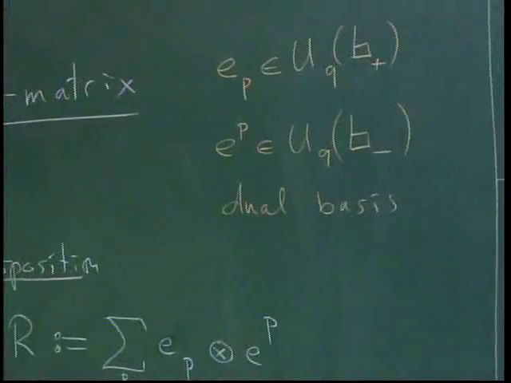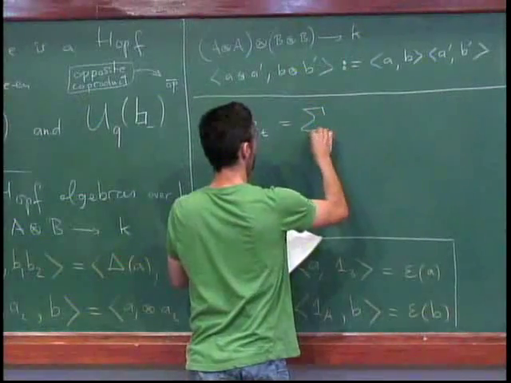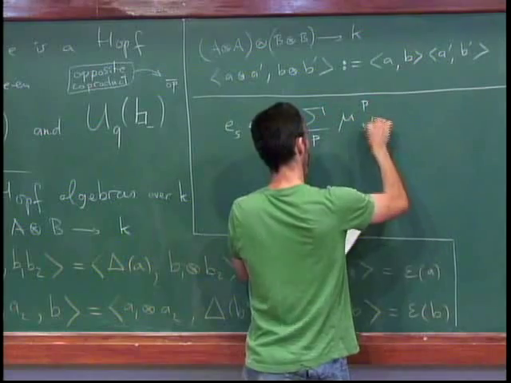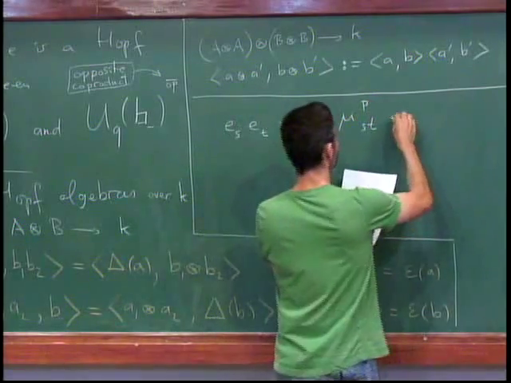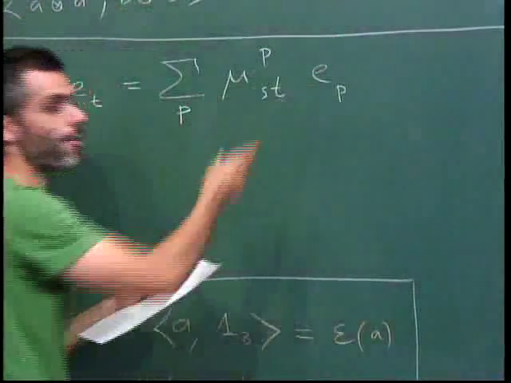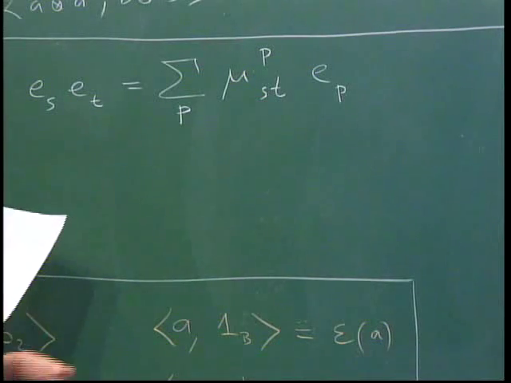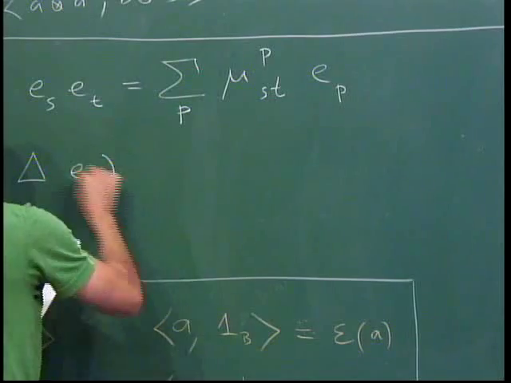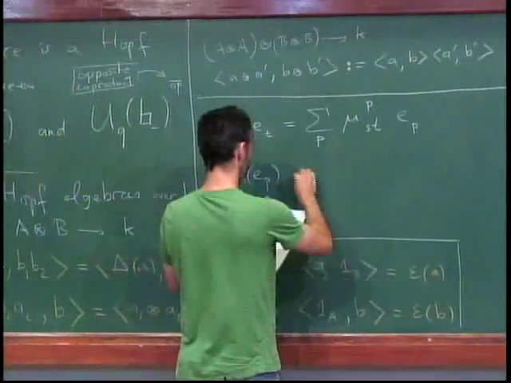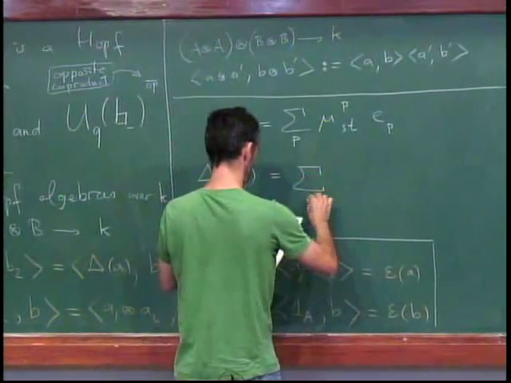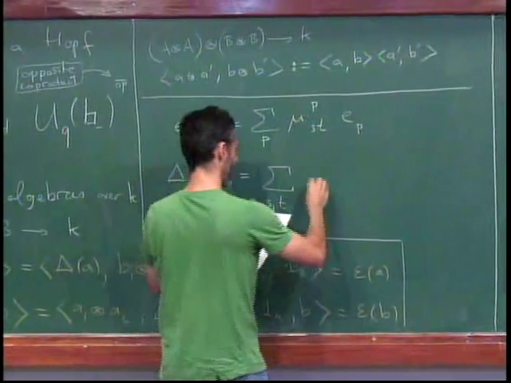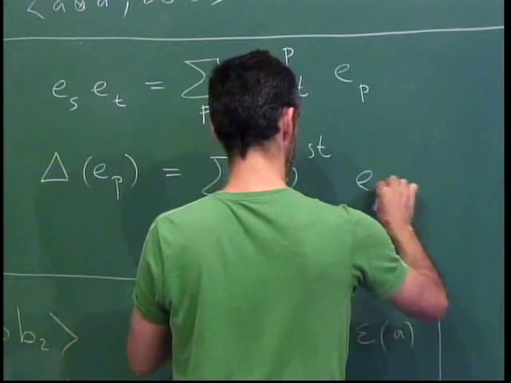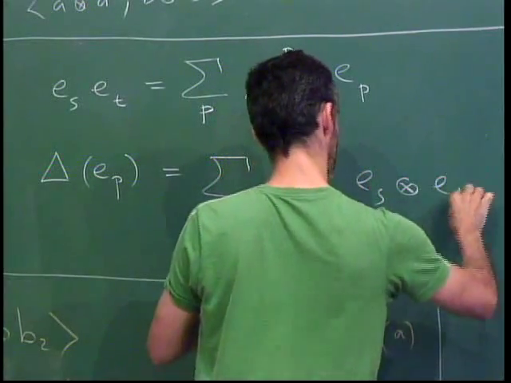The product is going to be some combination of, and then a coefficient that I call mu PST EP. There exists a matrix such that this is the case. And the coproduct of EP is going to be some other matrix. And now things look as follows. Nu ST P ES tensor ET.